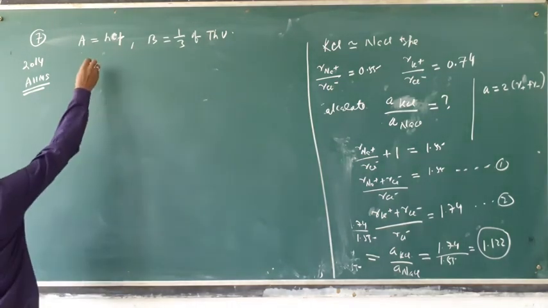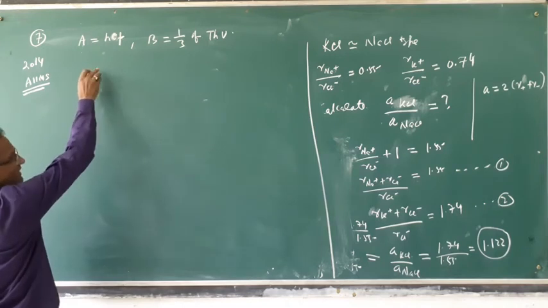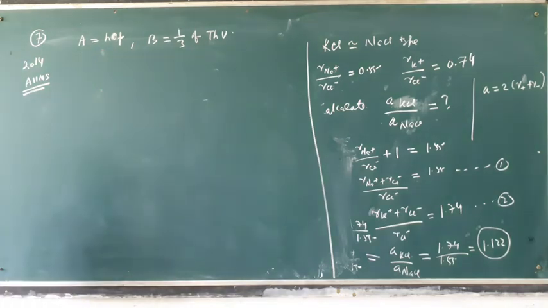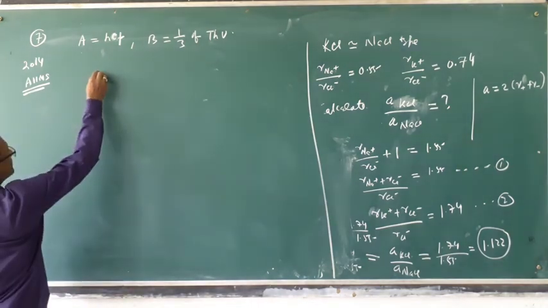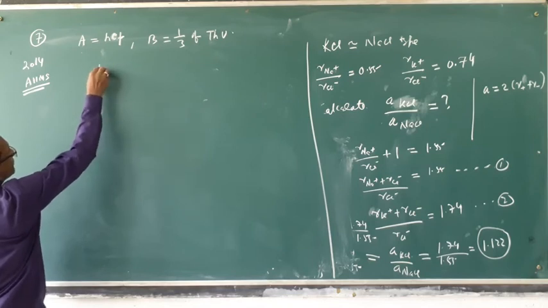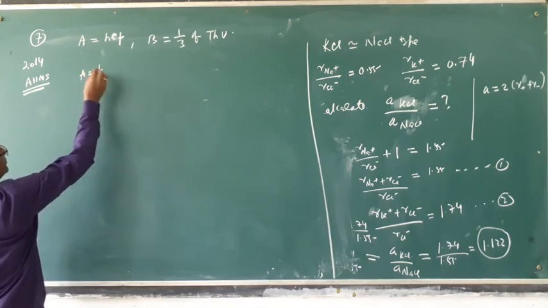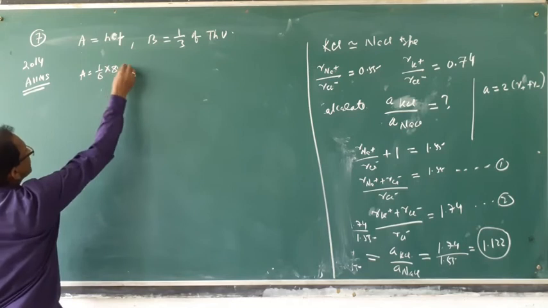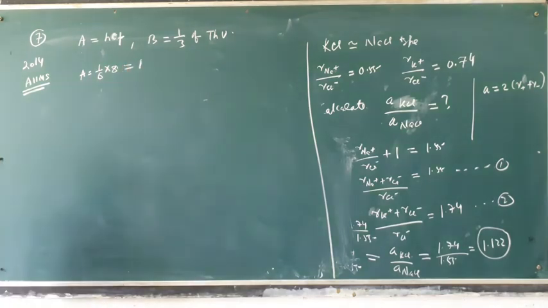As CCP pattern, or hexagonal close packing, the number of spheres will always be 1. A will remain the same. Here 1 by 8 for A will be 1 by 8 into 8, that is 1. A will be 1.